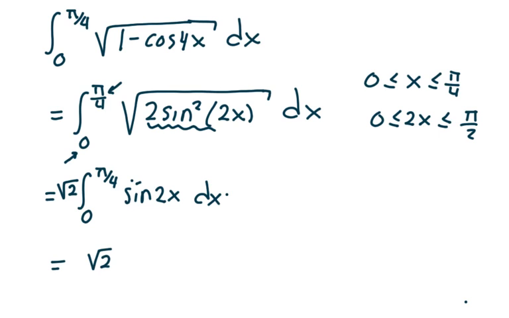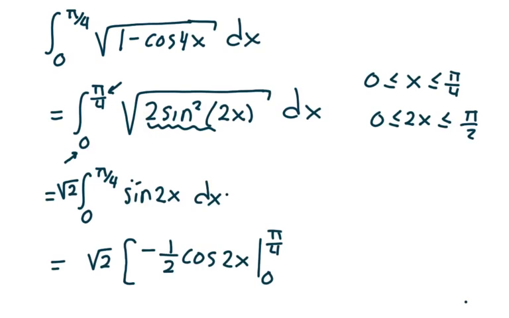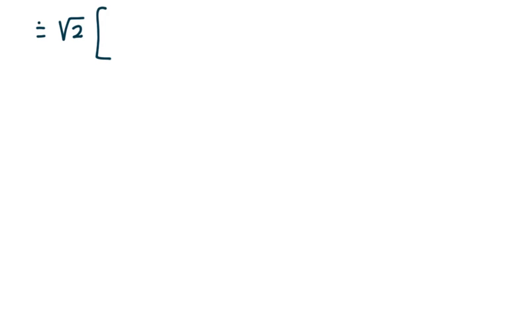Now, this is square root of 2 times negative 1/2 cosine 2x from 0 up to pi over 4. So this is going to be square root of 2 times. When I plug in pi over 4, I get cosine of pi over 2, which is 0. And when I plug in 0, I get cosine of 0, which is 1. And then 1 times negative 1/2 is negative 1/2. So you end up getting square root of 2 times 1/2. And so the answer here is square root of 2 over 2.